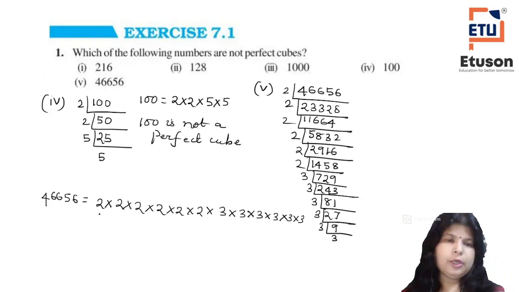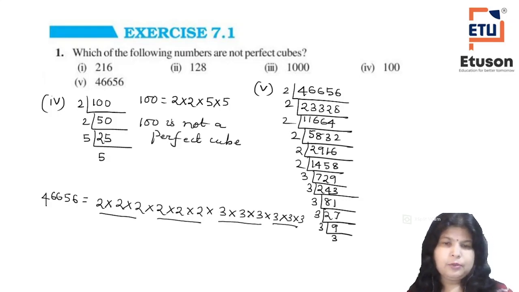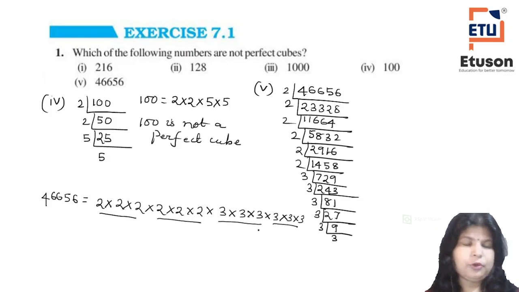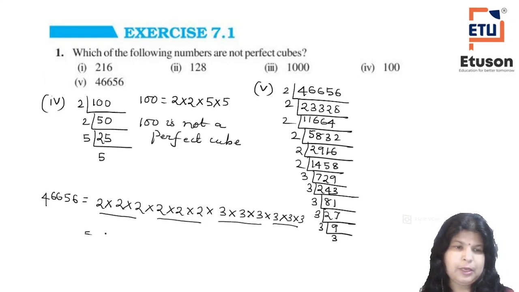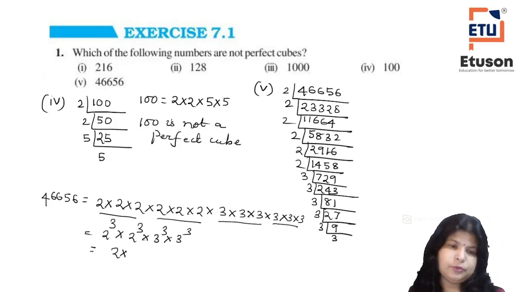So now what next? You have to form the set of 3. So you can see you can form the set of 3 for all the factors that is available. So that is equal to 2 cube into 2 cube into 3 cube into 3 cube. So 46656 is nothing but equal to (2 into 2 into 3 into 3) whole cube.